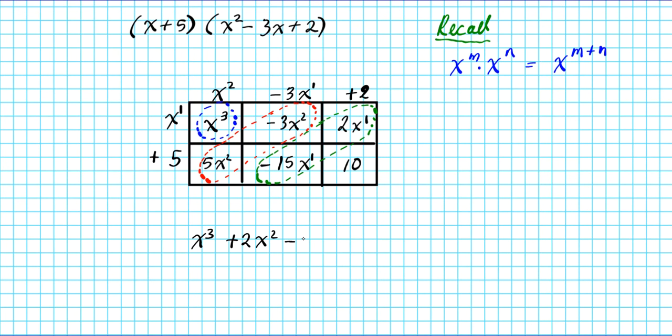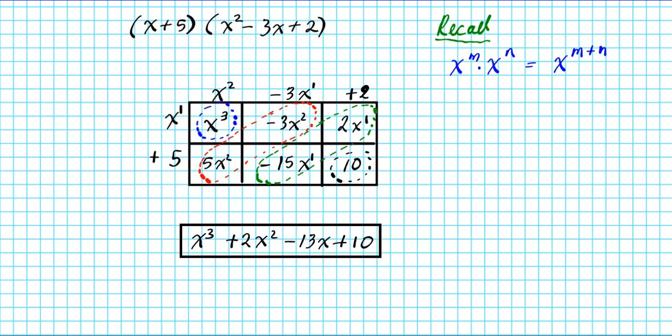So you have negative 13x. And the constant stands alone. It doesn't have any other constants to be combined with. So we just drop down 10. Okay, so this is our final answer, the product of the linear binomial x plus 5 and the quadratic trinomial: x cubed plus 2x squared minus 13x plus 10.